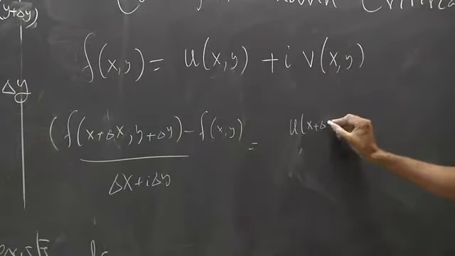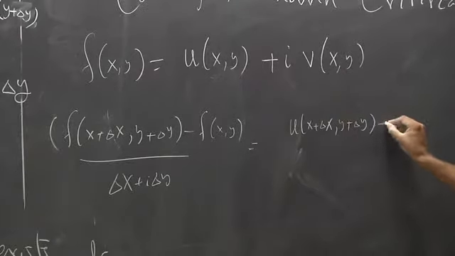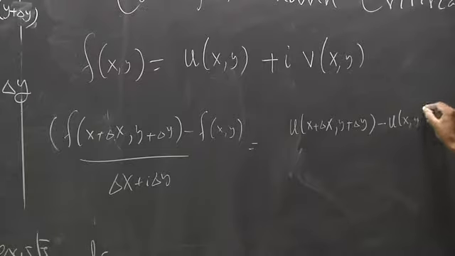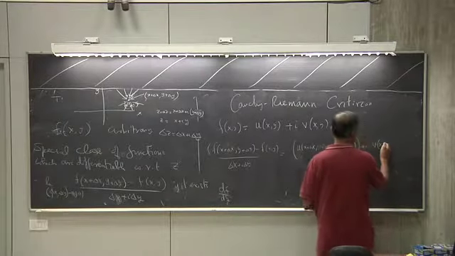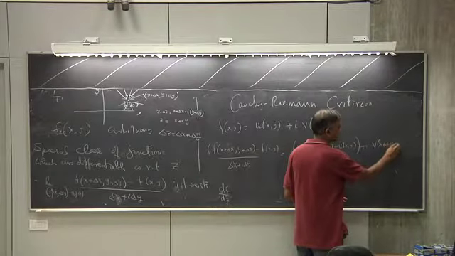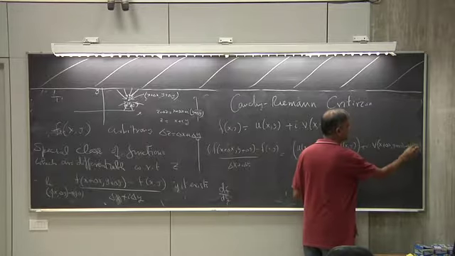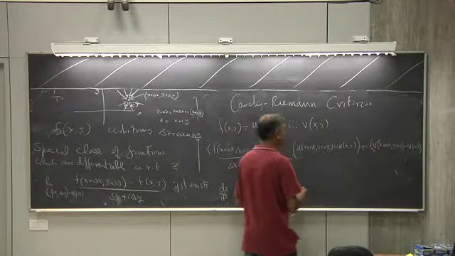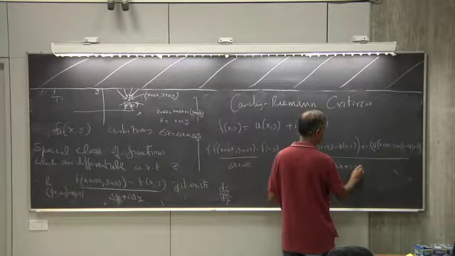That gives u of x plus delta x, comma y plus delta y, minus u of x, y, that's the real part, plus i times v of x plus delta x, comma y plus delta y, minus v of x, y. This whole thing divided by delta x plus i delta y.